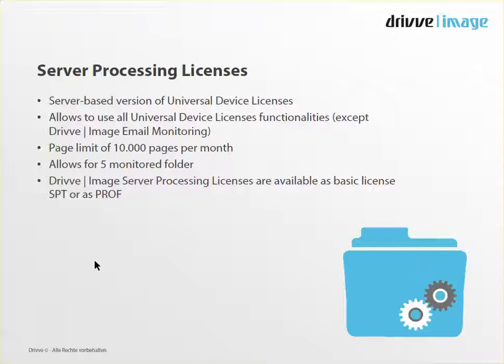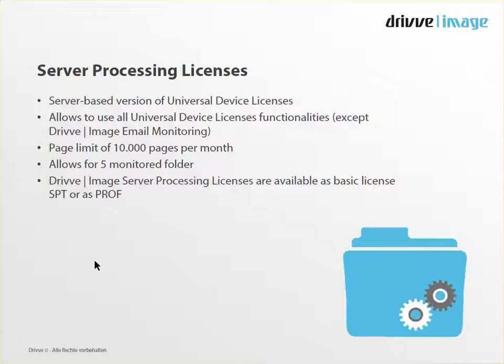You will see that the universal device licenses are absolutely cheaper, actually less expensive, than the hot folder licenses. So they are more affordable to everybody, which we identified as a need of the market.